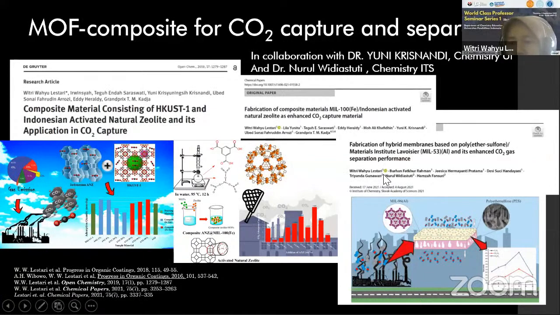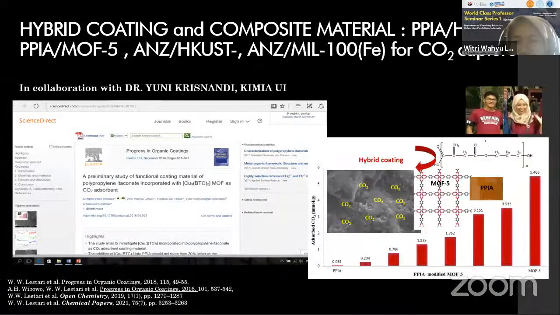For combination with the polymer like polypropylene carbonate, we synthesize the polymer, and then we put the polymer itself as a matrix, and the MOF acts as a filler, and we use it as a coating material. Then we experiment for CO2 absorption, and we use two kinds of MOF, HKUST-1, with copper BTC, and also MOF-5.